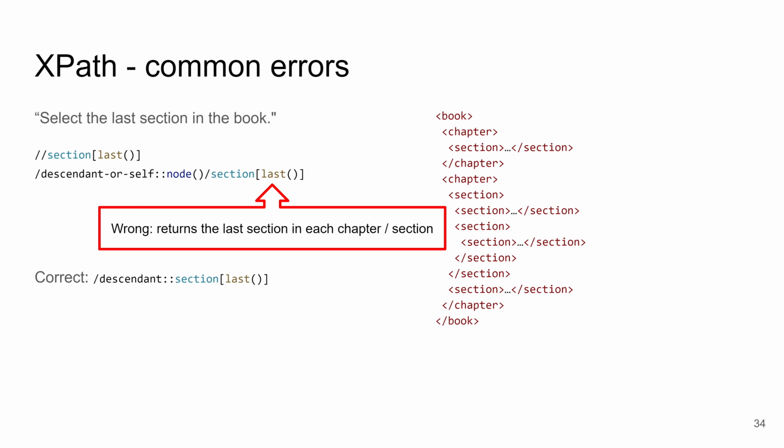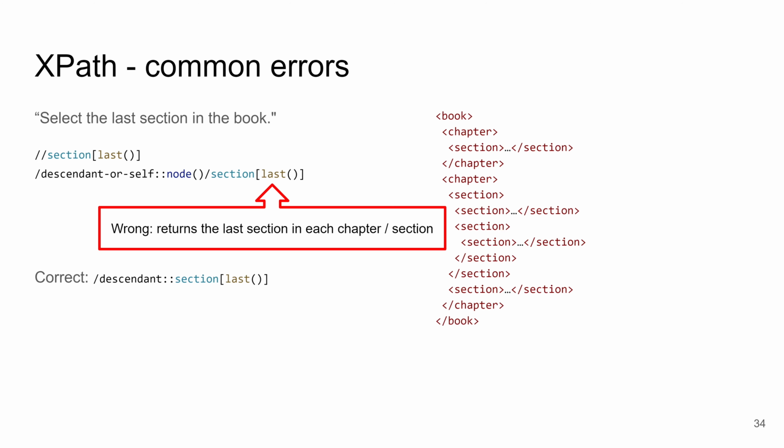So this will actually select all the nodes. Then within those nodes, it will select the section elements, and it will select those section elements which are last in their own nodes, which means that this will actually return the last section in each chapter or section, and not the last section in the whole book, as it might seem at first glance.